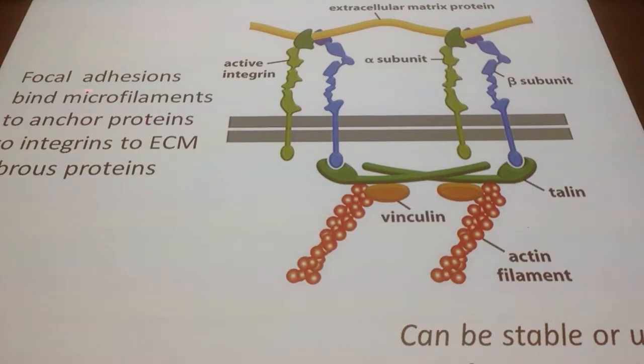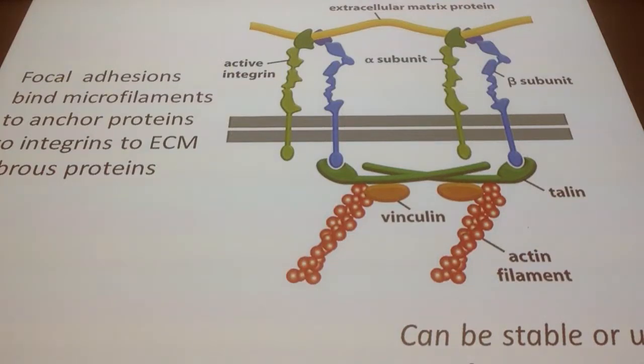It's just that focal adhesion or focal contact, instead of providing mechanical strength, provides flexibility to the tissue. Okay? And because it's cell to extracellular interaction, it's still integrin. So integrin provides cell to extracellular matrix interaction.